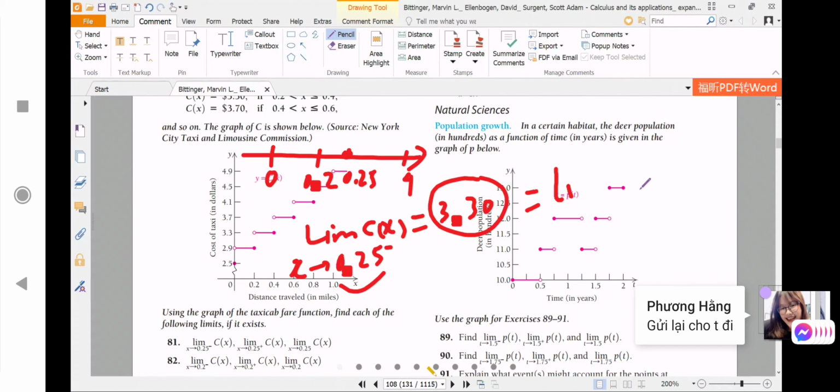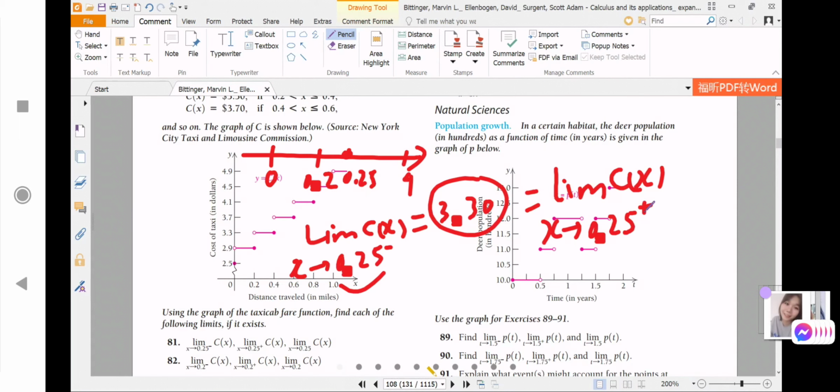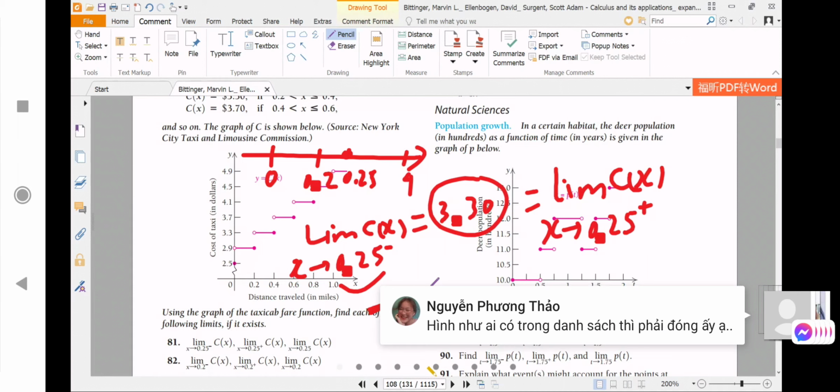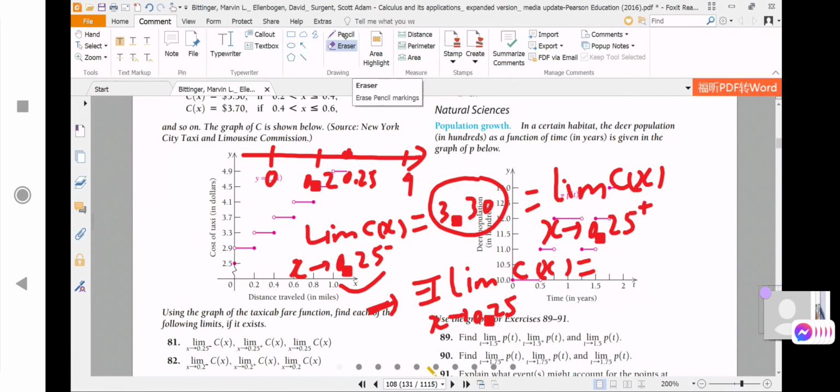Limit f(x) when x tends to 0.25 plus. Okay. In this case, the left limit equals the right limit, so we imply there exists the two-sided limit of f(x) when x tends to 0.25, equal to 3.30.